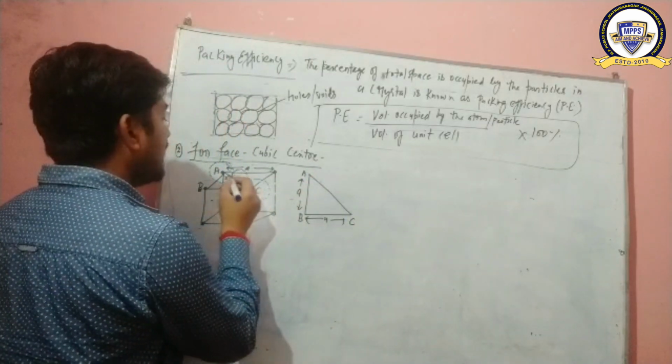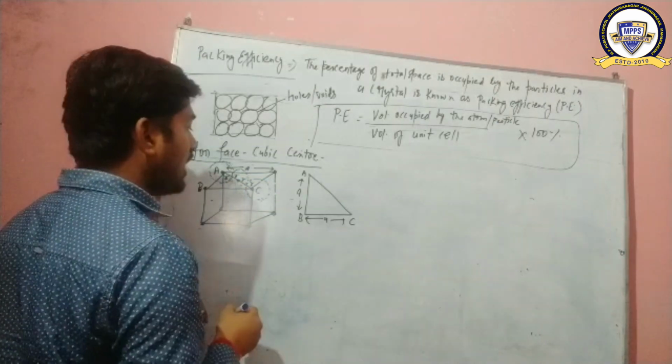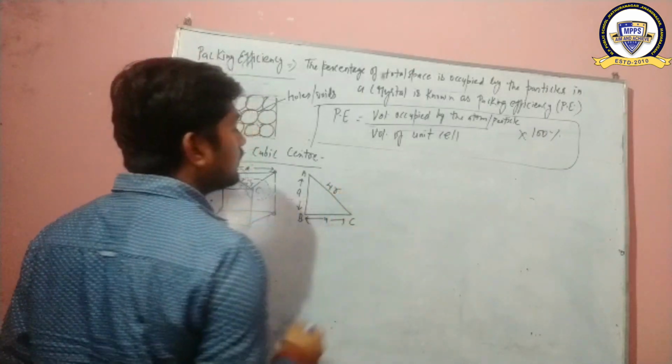This one is r, this one is r, and this one is again r. So how many r is there? 4r.